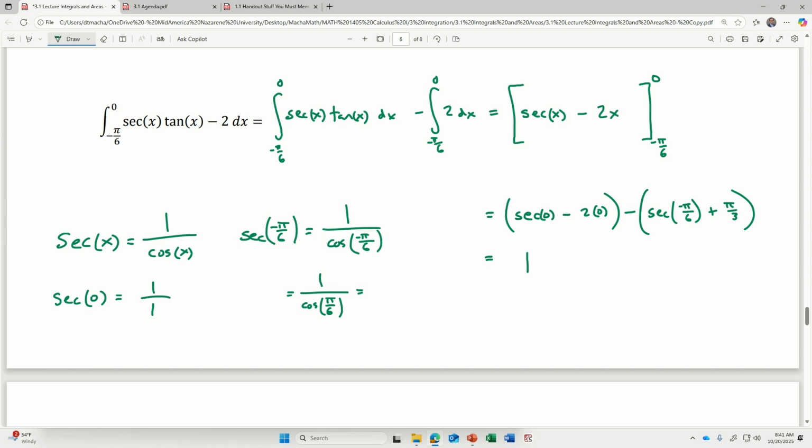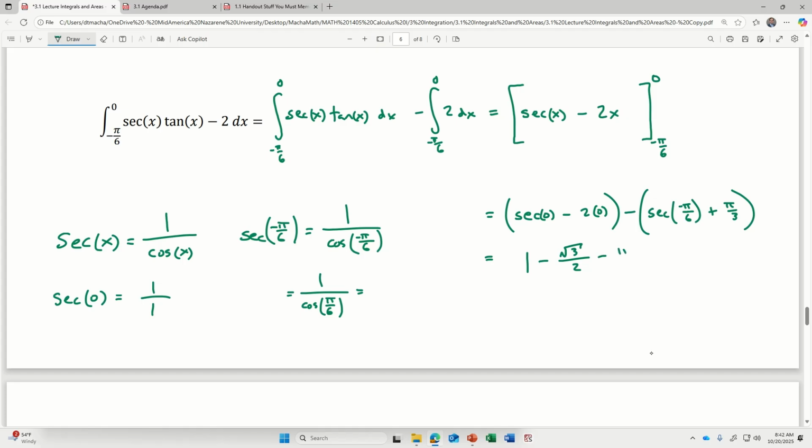But still, I have to think about my unit circle and think about pi over 6. And cosine is the adjacent side over the hypotenuse. And this is a special right triangle. Do you remember the number? There you go. Very good. Square root 3 over 2.